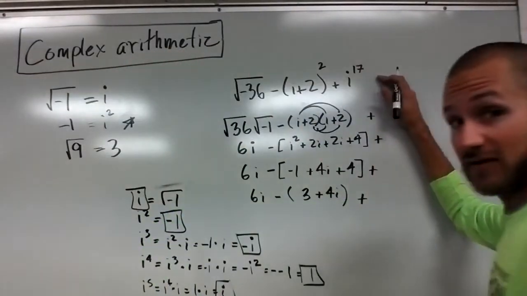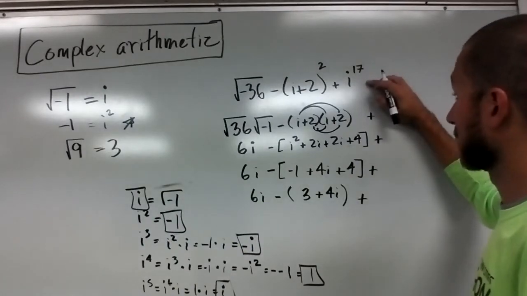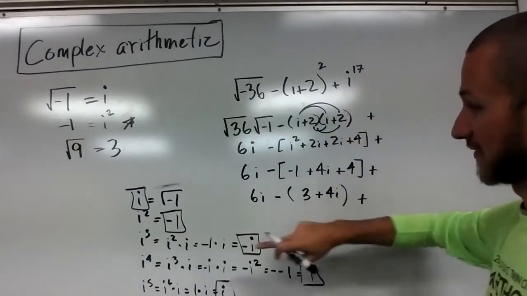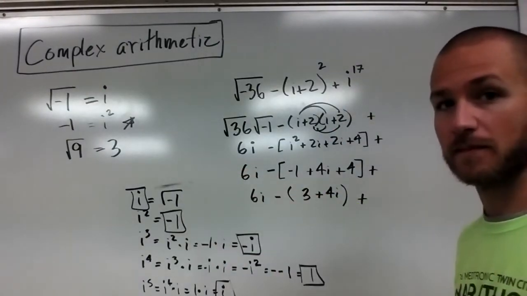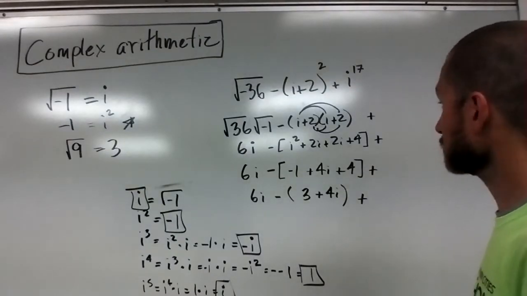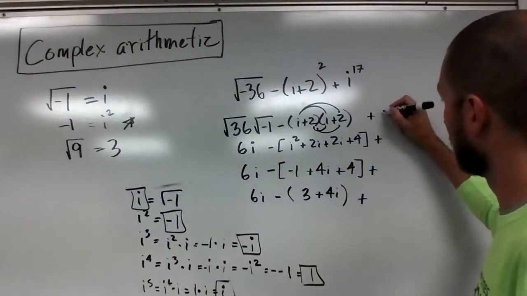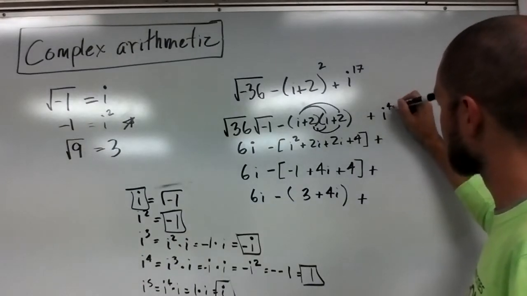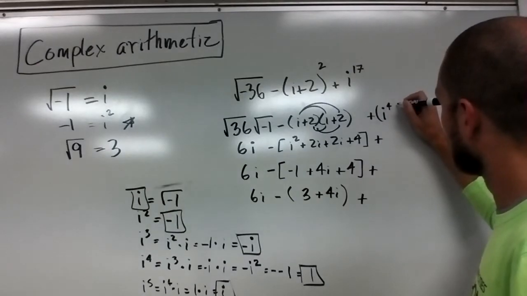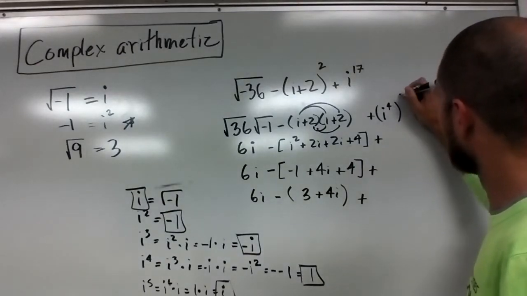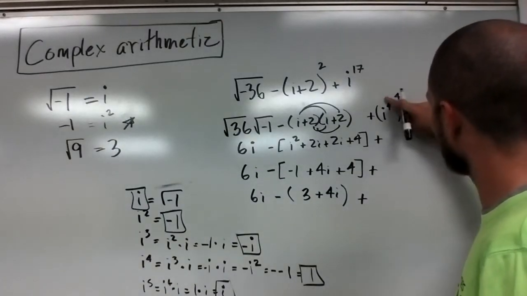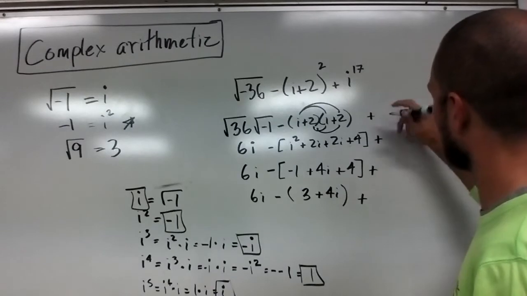So if I look at i to the 17th, I want to figure out what that's going to be. One way of doing this is I could try to predict whether this is going to follow the 1, 2, 3, or 4 pattern. Or I could also try to rewrite this using exponent properties.